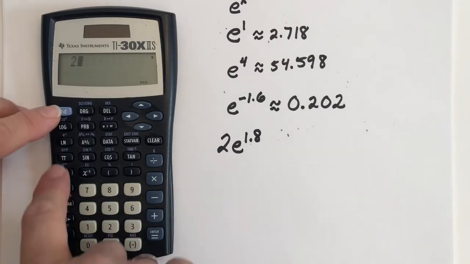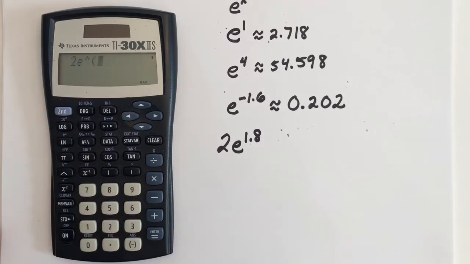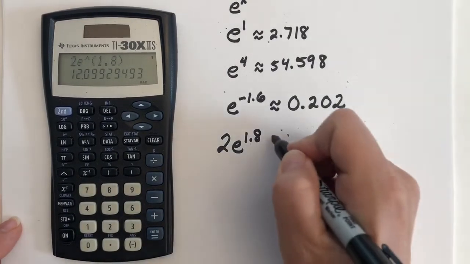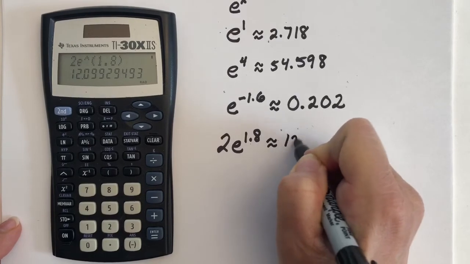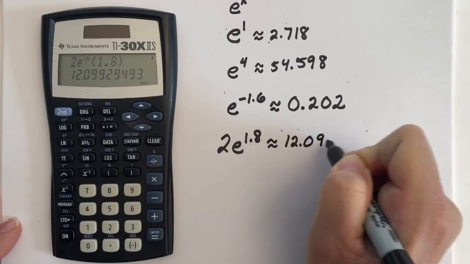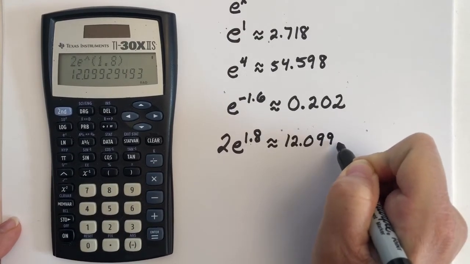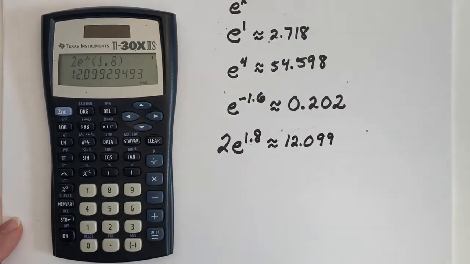It will know there's multiplication coming. And so I have 2 and then my e to the 1.8 power. And I have approximately 12.099. Notice the next place was a 2, so I don't need to bump that one up. Let's do one more.